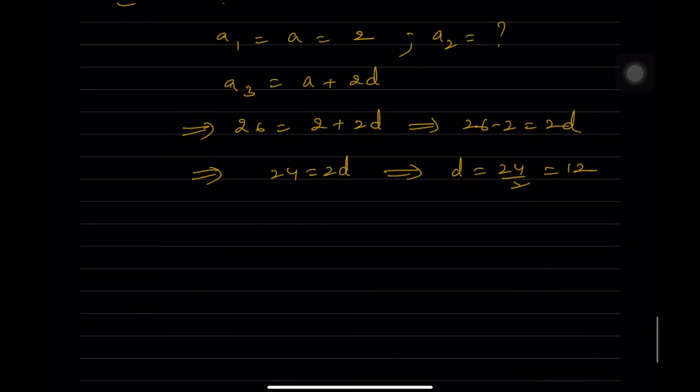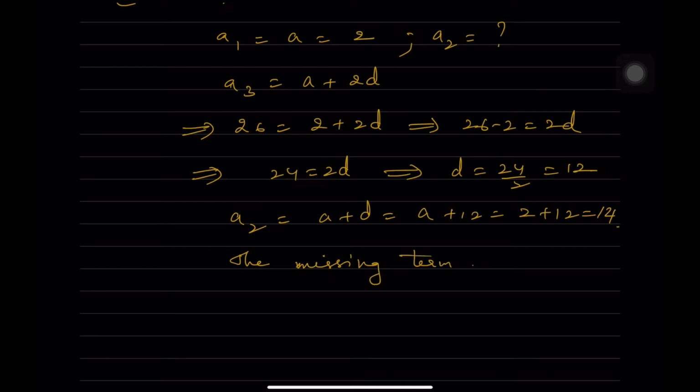So second term is a2 is equal to a + d, which is equal to 2 + 12, which is equal to 14. So the missing term in the box is 14. This is the answer.